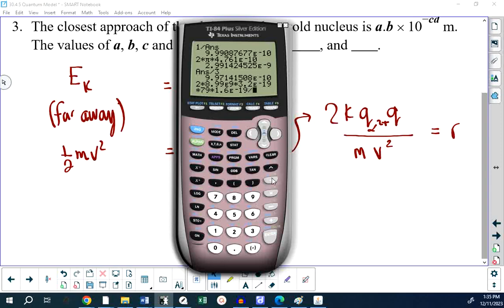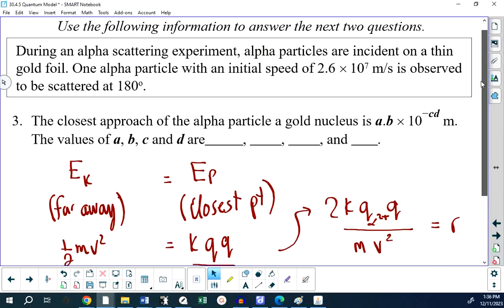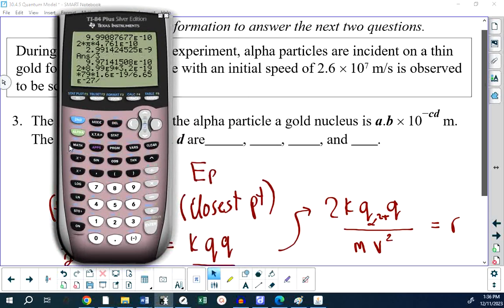Divided by the mass of the alpha particle, 6.65 times 10 to the negative 27, and divided by that speed squared. Double check everything. There's a lot of numbers floating around here. So I am getting 1.6 times 10 to the negative 14 meters.